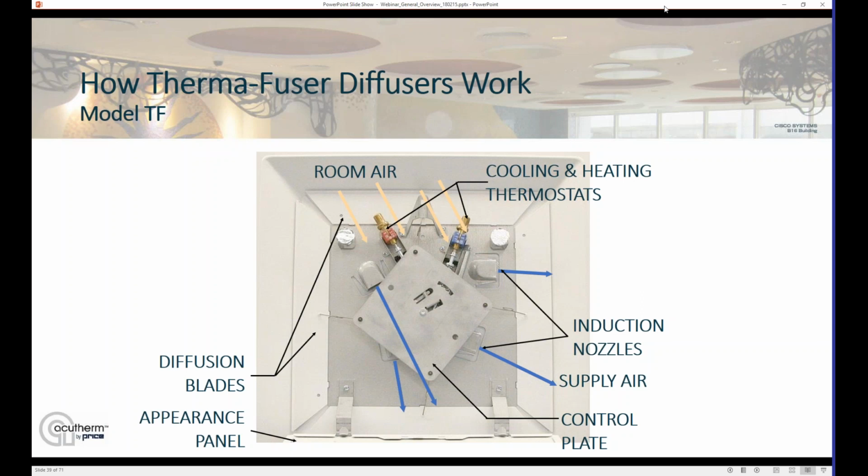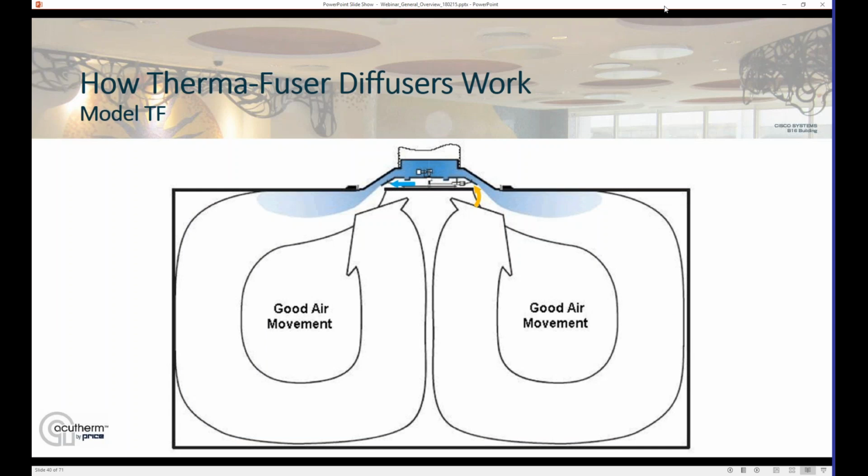What that does is create an area of low pressure around 2 thermostat actuators there on the upper left-hand side of the drawing, and room air is drawn in and over those thermostats. If we remember our good room air movement, as that air is moving around the room, this area of low pressure is drawing that room air up and into the diffuser. It's a very good way to get an accurate measurement of room temperature as you're getting that rising column of air under the diffuser.